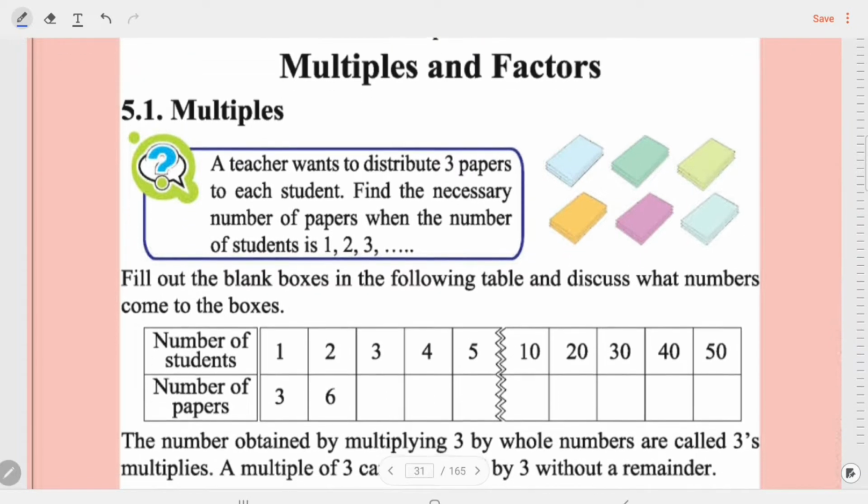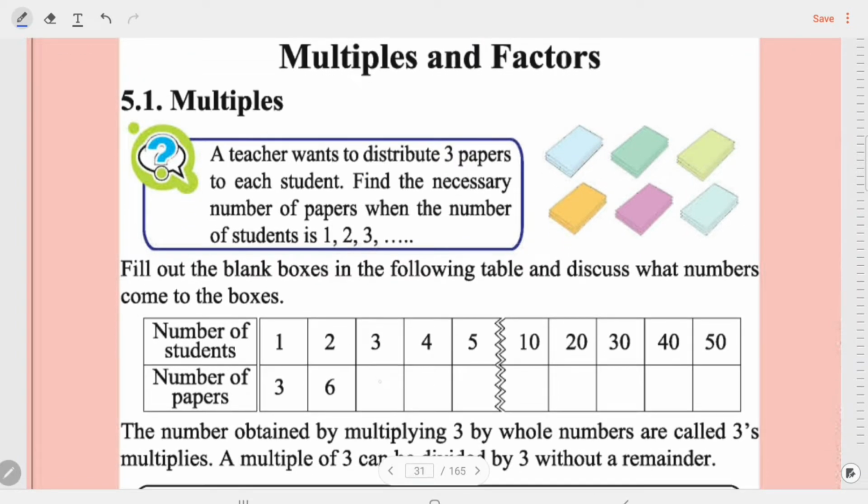Likewise, we need to fill everything. 3 into 3 is 9, 3 into 4 is 12, 3 into 5 is 15, 3 into 10 is 30. 3 into 20 is 60, 3 into 30 is 90, 3 into 40 is 120, 3 into 50 is 150.